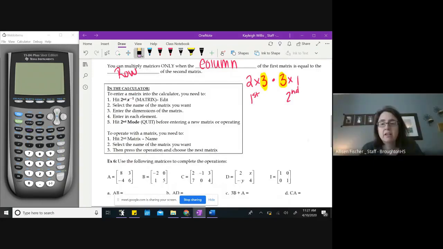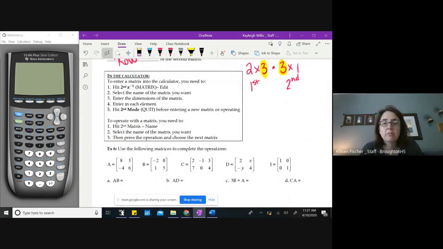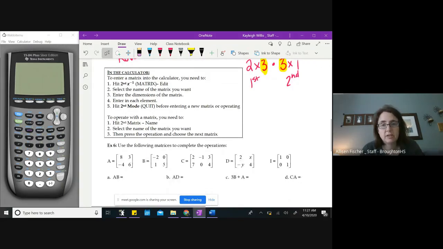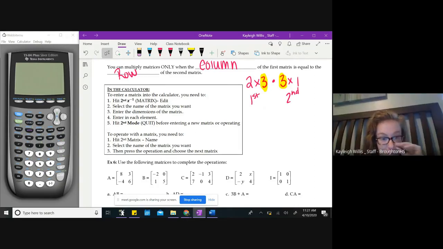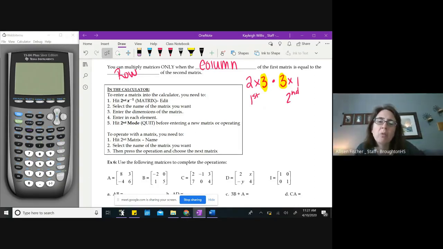We have given you the instructions. I'm not going to read those all. If we were showing you how to do it all by hand, this would make a lot more sense why that's the case. So if you wanted to see it, you can watch a video on YouTube about it to have that make more sense, because you might be saying, why in the world does it have to be that way?